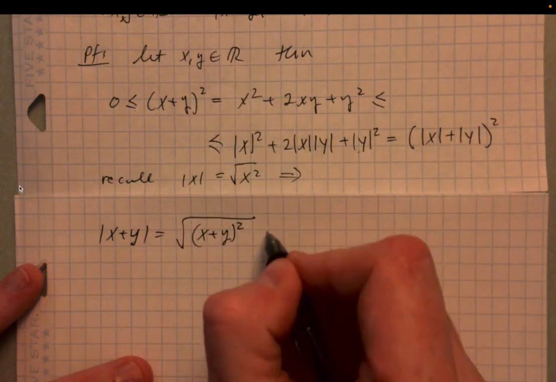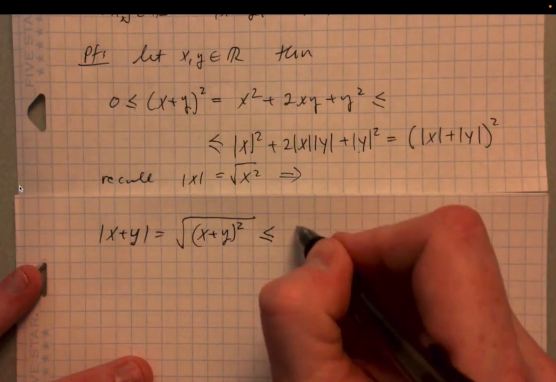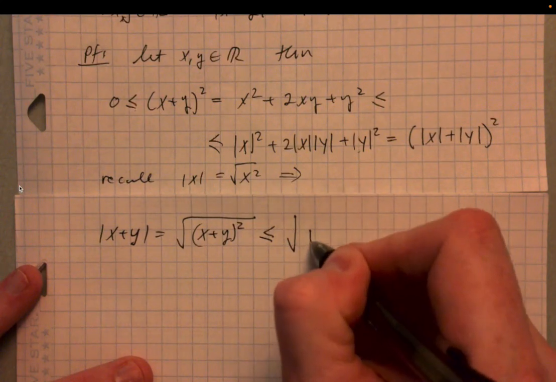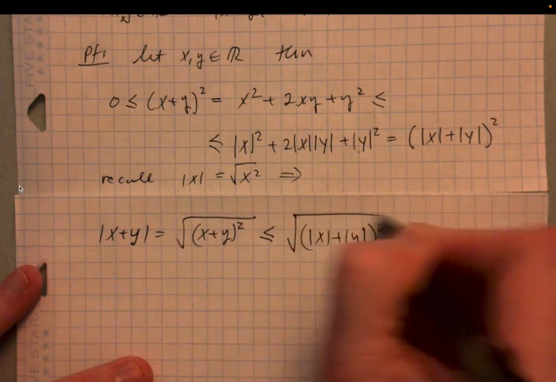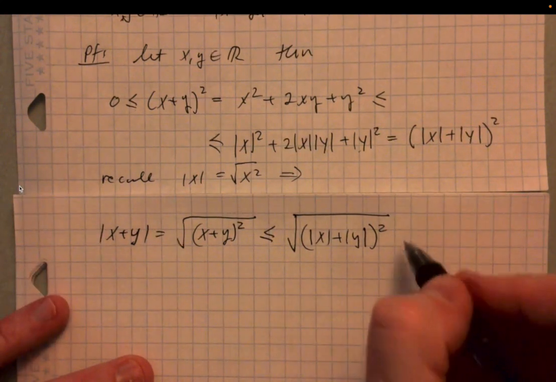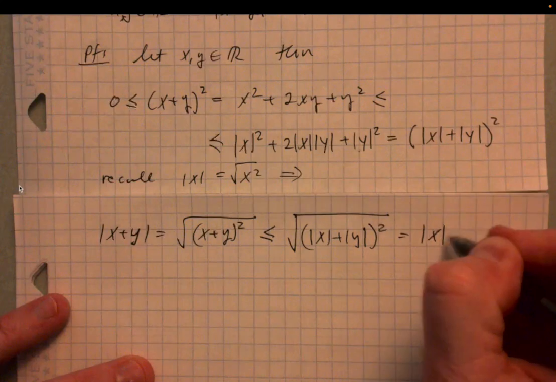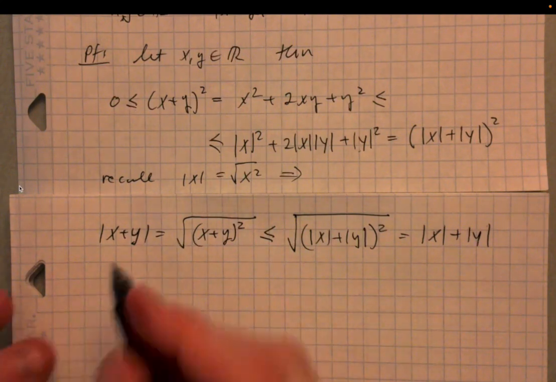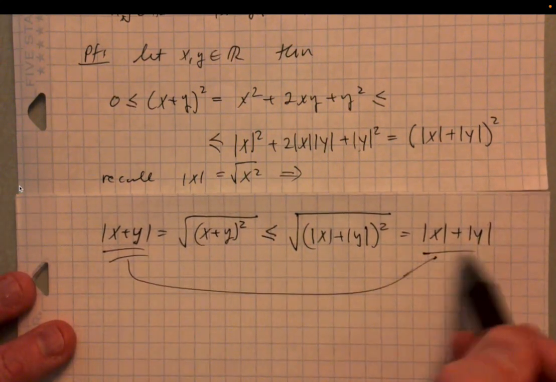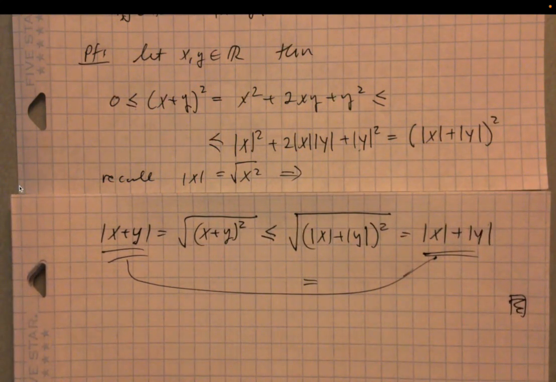And so that means the square root of that must be less than or equal to this thing. Right, like so. And of course, the square root of this thing squared is just the thing. Right, that's the previous theorem. And so this is the triangle inequality. That's exactly what we were after.